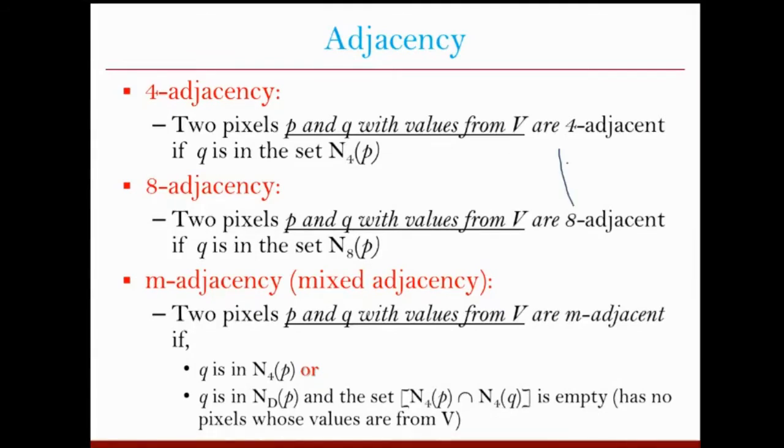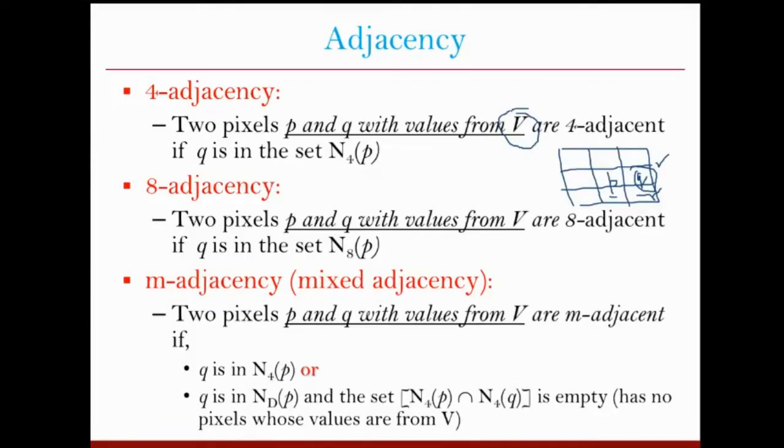So basically what we are saying is that you have a central pixel P at the middle here, and we are saying that Q will be 4 adjacent if, let's say Q is here, this Q can be 4 adjacent to P if this Q is in N4(P). So obviously this Q is in N4(P). And second, the intensity of P and intensity of Q both are coming from set V.